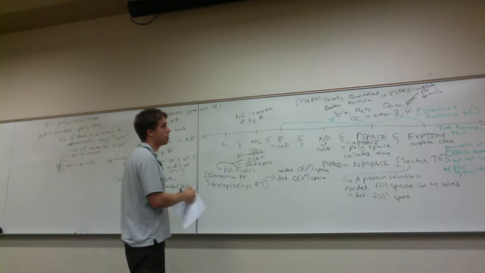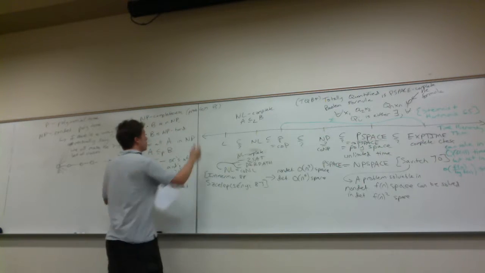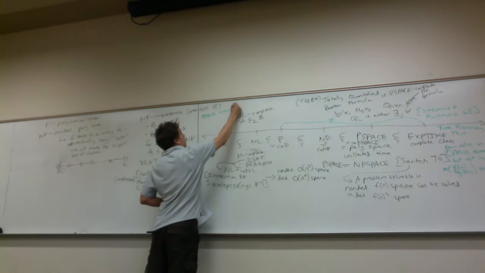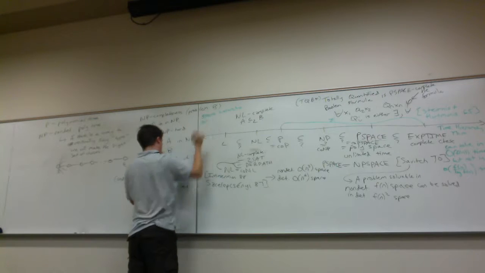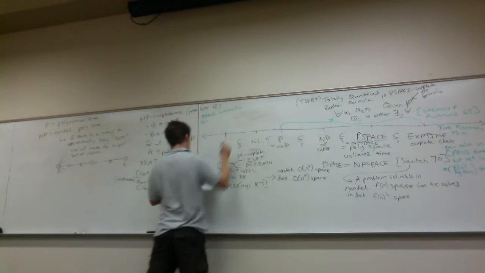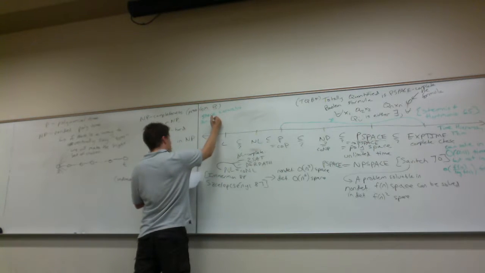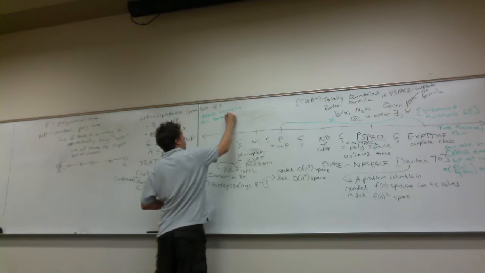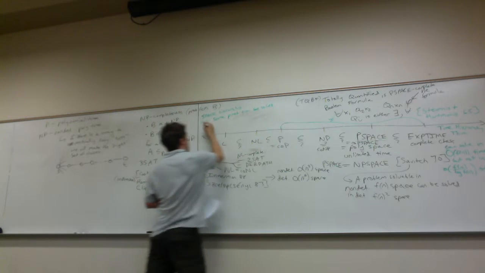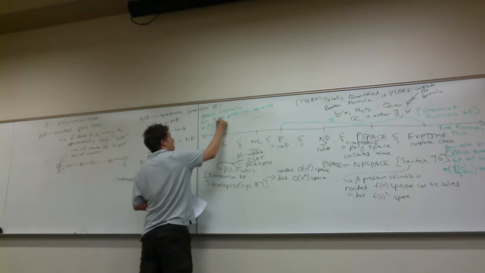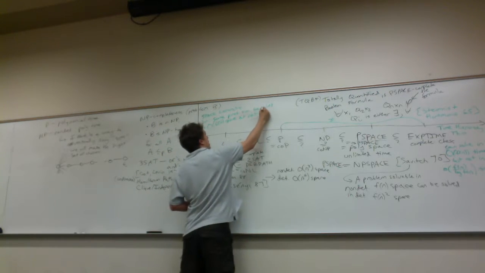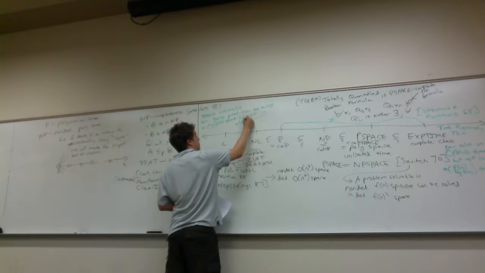I could not find the original authors for this, but the space hierarchy theorem says that some problem can be solved in big O of f of n space, but not in little o of f of n space.